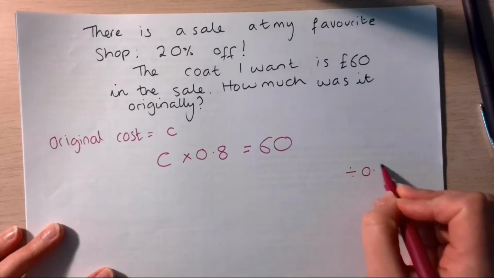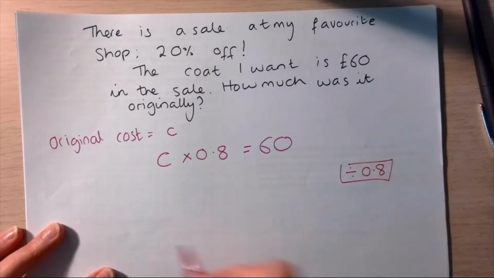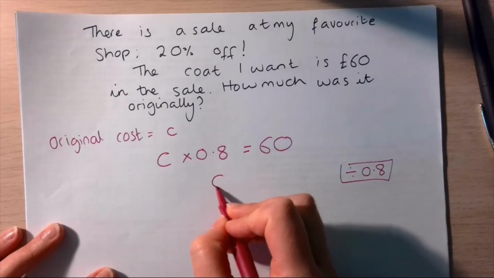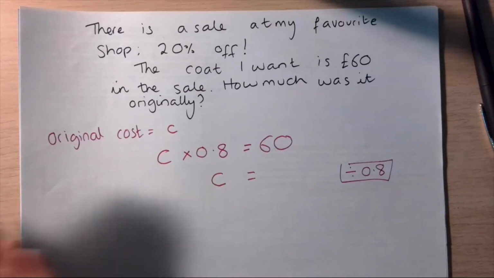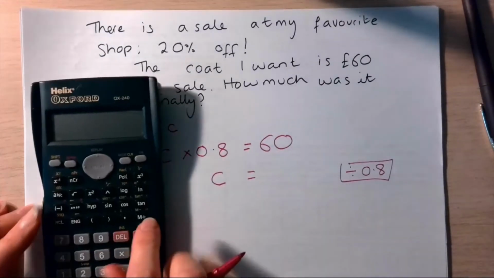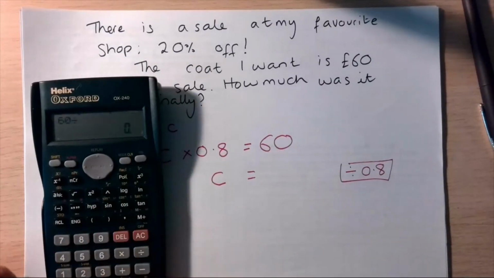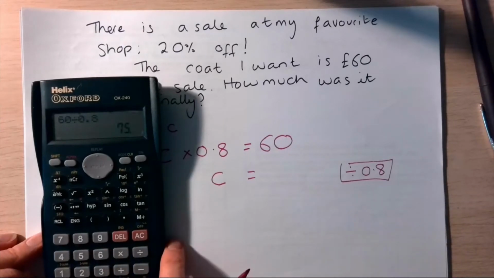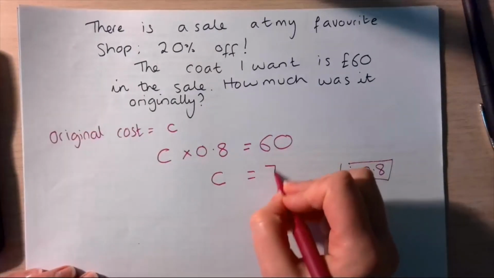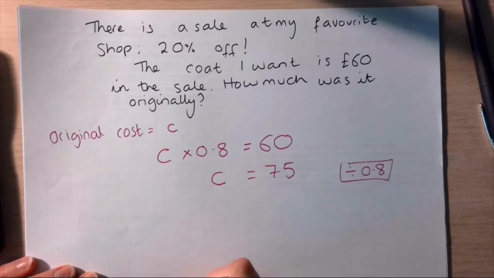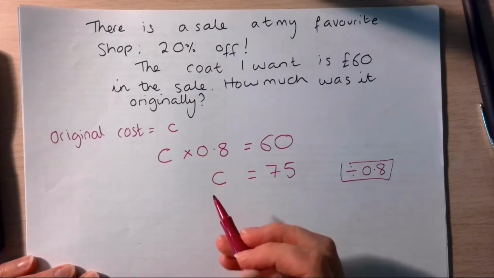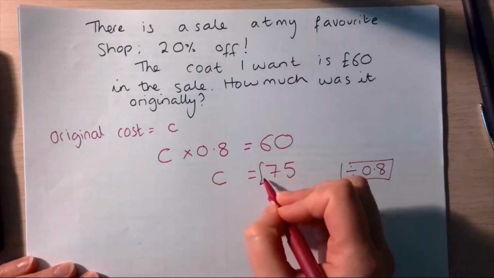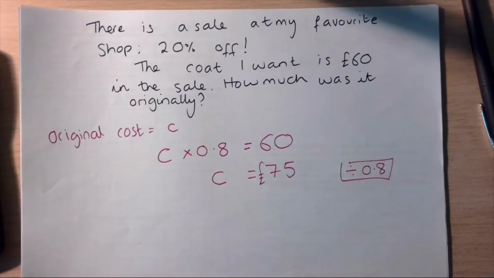We do it on both sides. That leaves us with C, our original cost, equals 60 divided by 0.8, which you can do on a calculator, and that's 75. So £75. In our working out we don't put the units in, but we should put them in at the end. So original cost is £75.